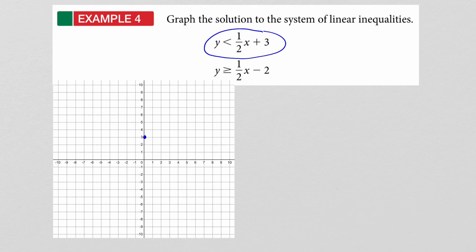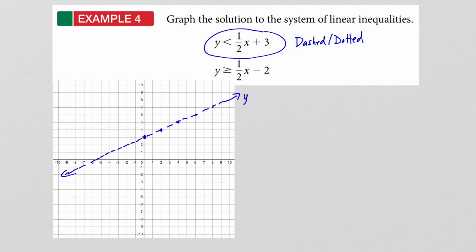It's going to go through the y-axis at 3, and it's going to have a slope of up 1 over 2. So it looks like this. And this is going to be a dashed line or a dotted line because there is no equals sign here. So when I graph that line, I need to make sure that I make it a dotted or a dashed line.